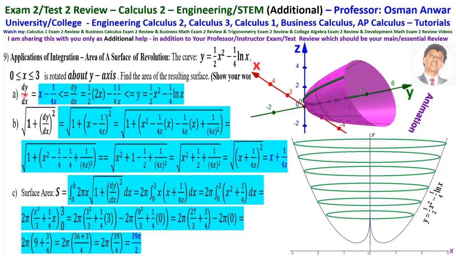So first we need dy by dx. So y is 1 over 2 x squared minus 1 over 4 ln x. Then dy by dx is 1 over 2 times 2x minus 1 over 4 times 1 over x, which is dy by dx is x minus 1 over 4x.